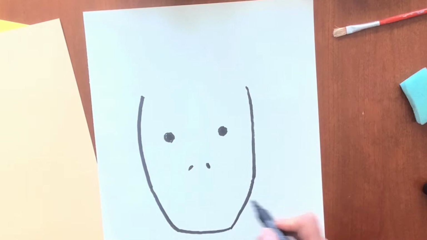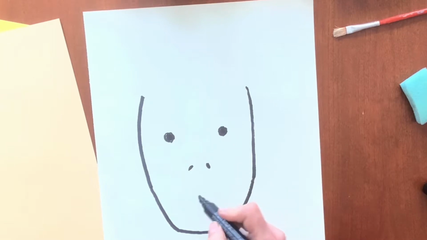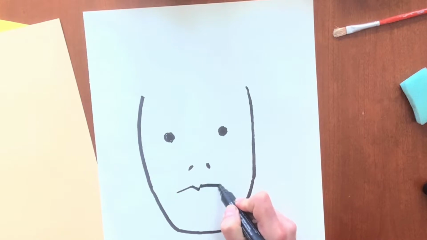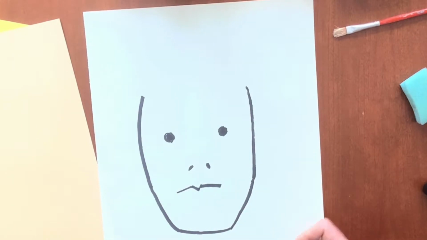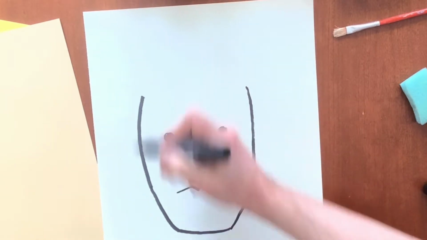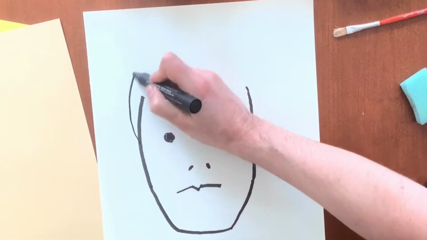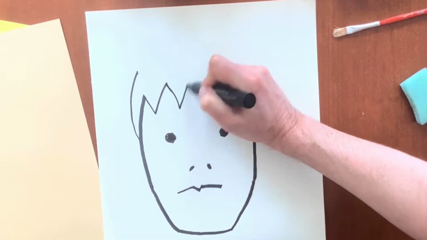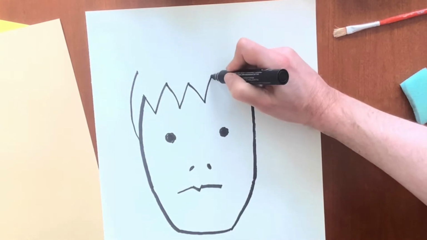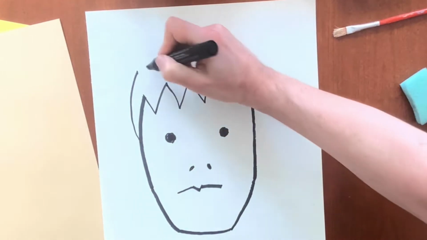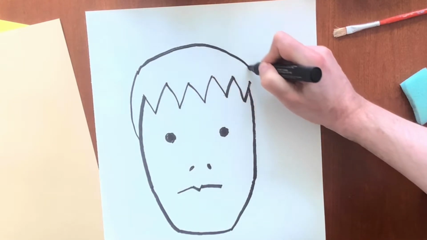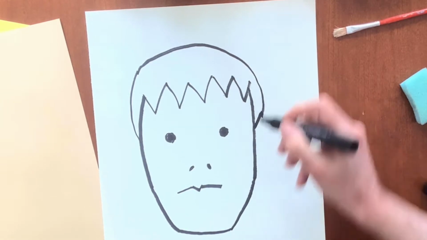And then the mouth comes about halfway down the space that is left here. So I'm going to draw a male mouth. What about the hair? Well, we're going to just put in the hair up here, like so. You can do any kind of haircut or hairstyle you want.